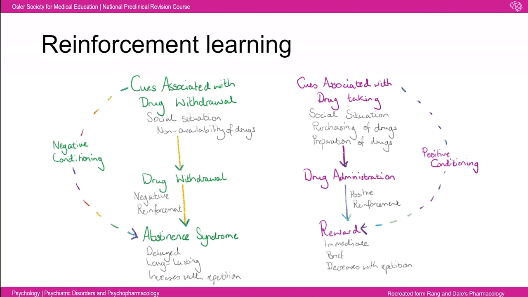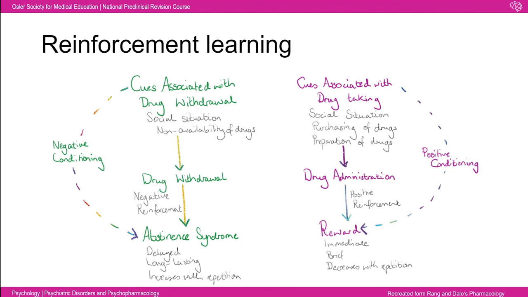This is a little diagram I took from a textbook I'm going to tell you about later, which I really like. It goes through the learning that can be involved in drug taking, and how you end up with reinforcement learning and operant conditioning, where you associate a reward with a cue, and that makes you learn to repeat the behavior.